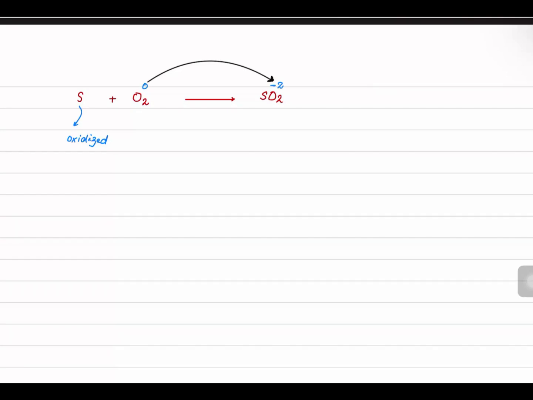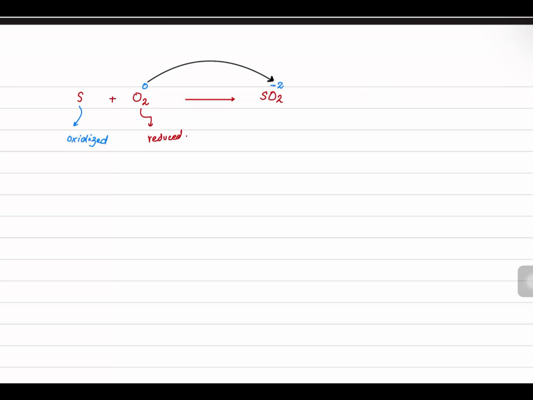This is the decrease in charge, and also I can say that this is the gain of electrons. When this is the gain of electrons, ultimately I can say that the oxygen gets reduced. So this was the question they were asking, which one is oxidized and which one is reduced.